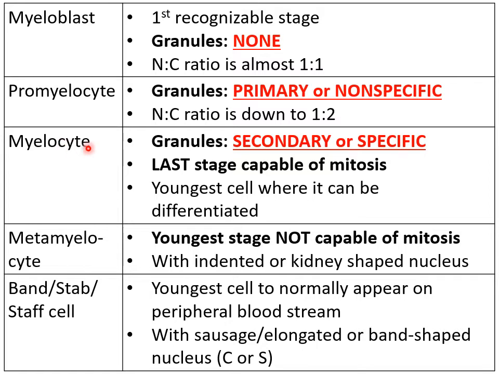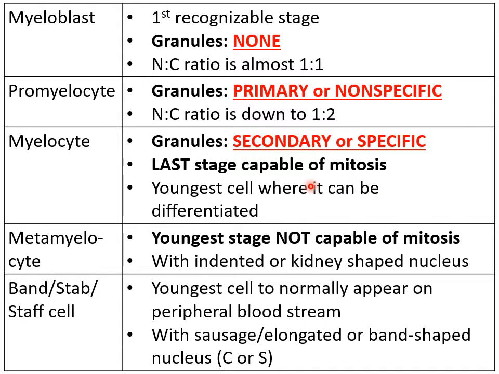Meron na, pero non-specific or primary granules ang tawag. Dito pa rin sa stage na to, hindi mo pa rin na-appreciate yung difference between your eosinophil, neutrophil, and basophil. Ma-appreciate mo lang sila pagdating dito sa stage na to, which is your myelocyte, which contains specific granules or secondary granules.